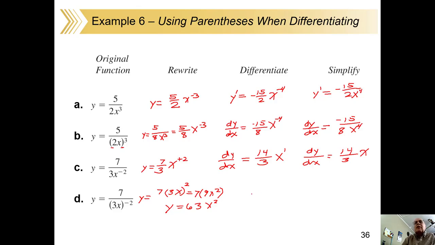Bring the 2 out front, our derivative, and let's use f prime this time just for fun. Bring the 2 out front, we've got 126x. Reduce that square by 1, and we've got 1. And f prime of x equals 126x.